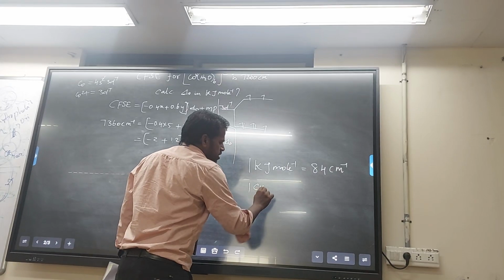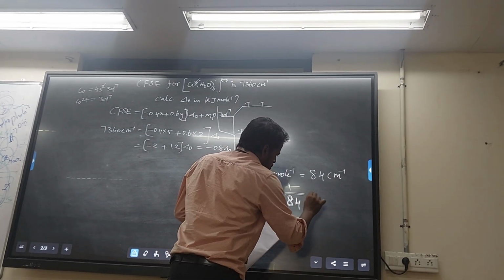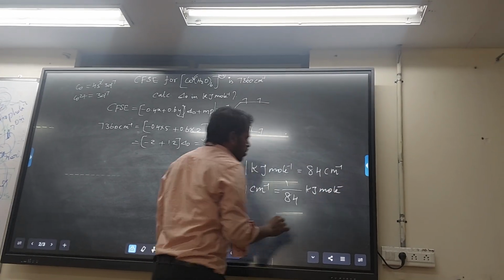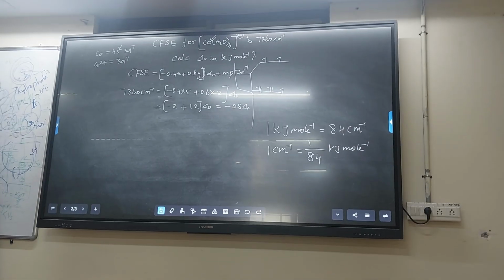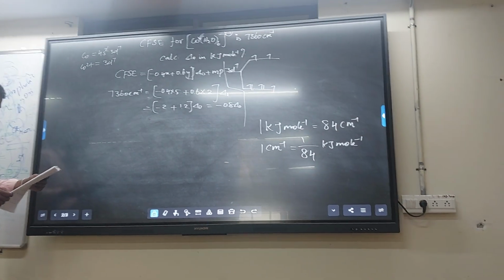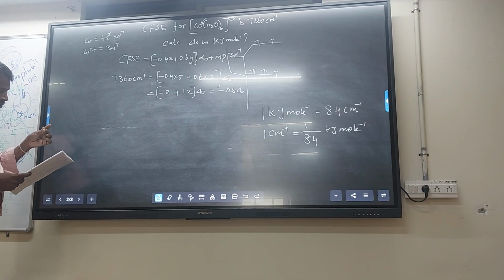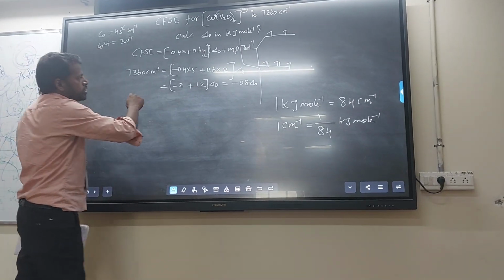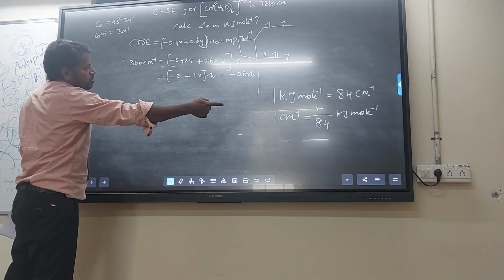Therefore, 1 centimeter inverse equals 1 by 84 kilojoule per mole. So you convert this much centimeter inverse into kilojoule per mole.